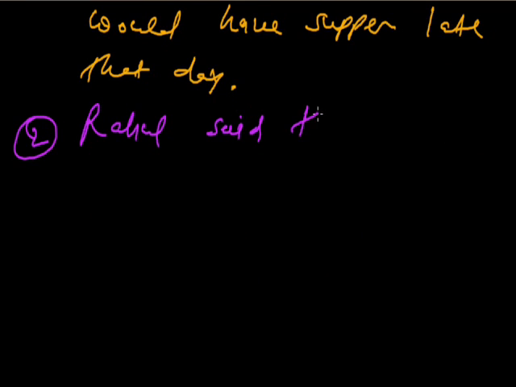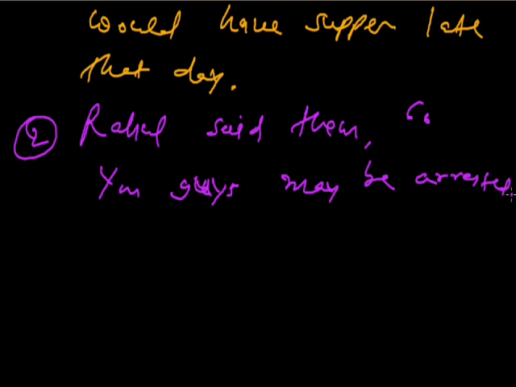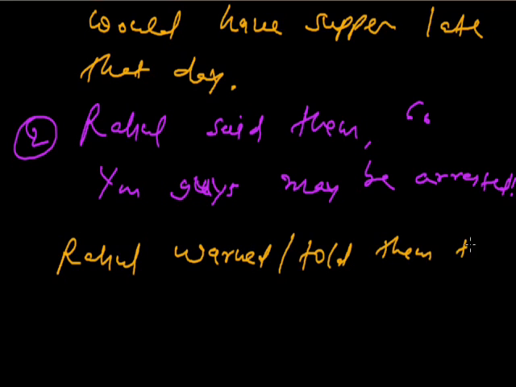Rahul said to them, you guys may be arrested. So Rahul warned them, or even told them, that "you guys" would be changed into just "they", because "guys" is something used when you talk directly, but in indirect speech the word "guys" will not be used.